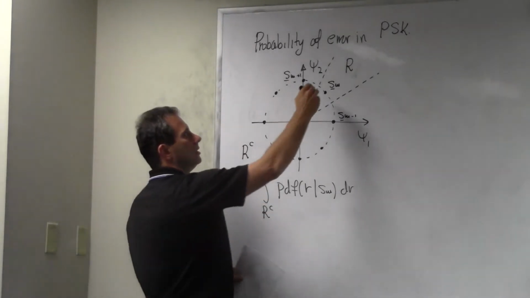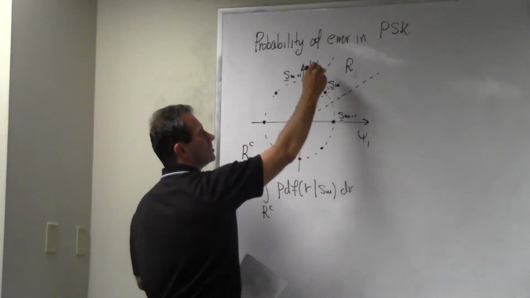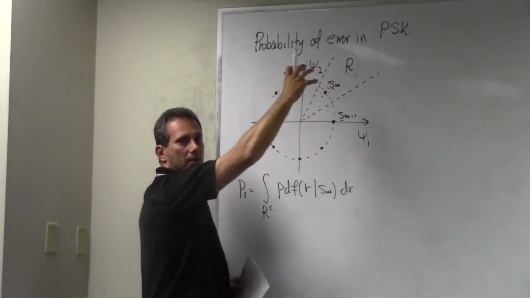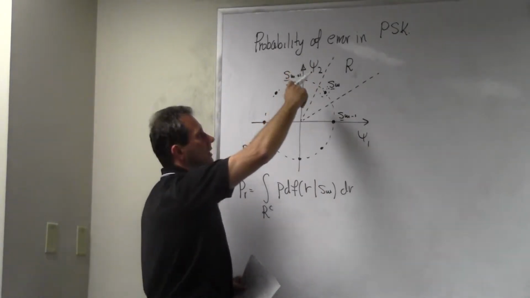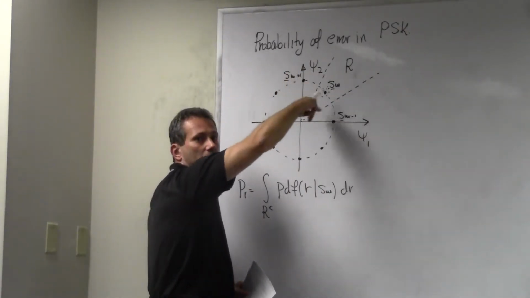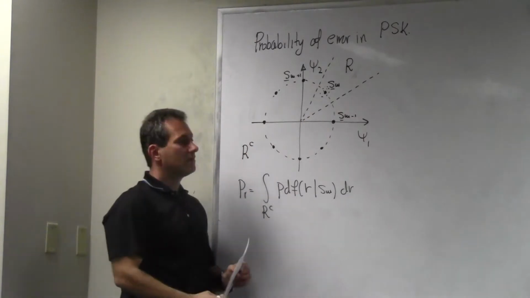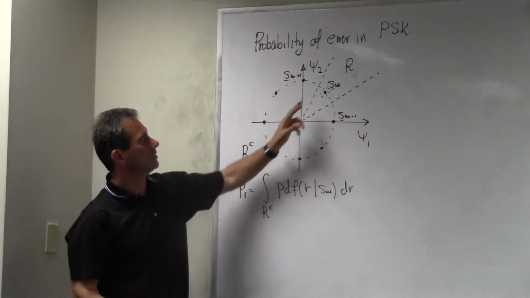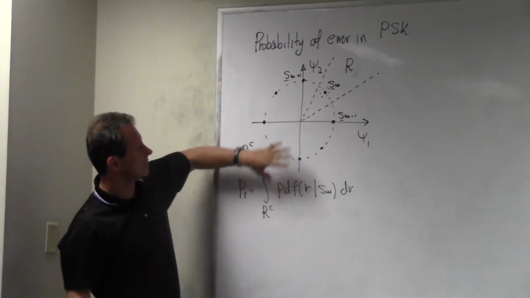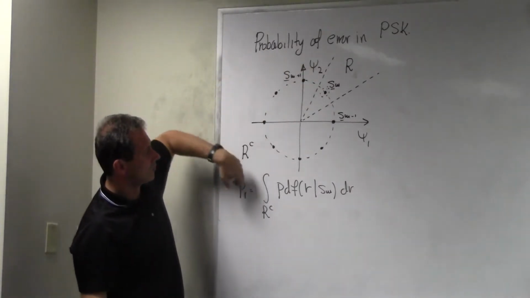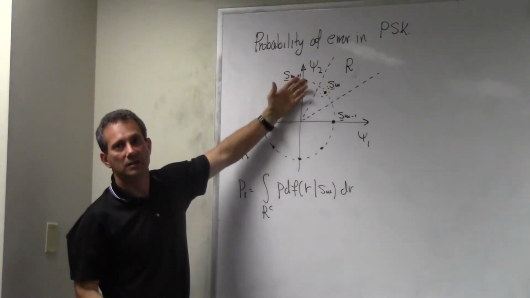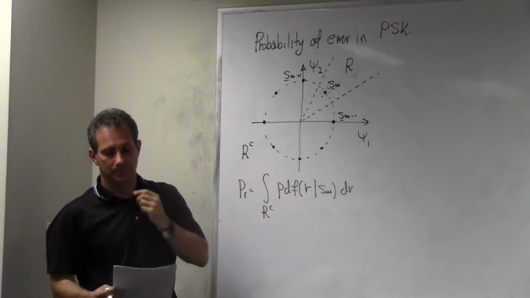That will be that curve, remember that bell that comes out of the board, which tells you the distribution of the points around this one. Whenever the point falls outside of this R, which means I'm integrating this PDF over R complement, that is going to be the probability of error. Okay?